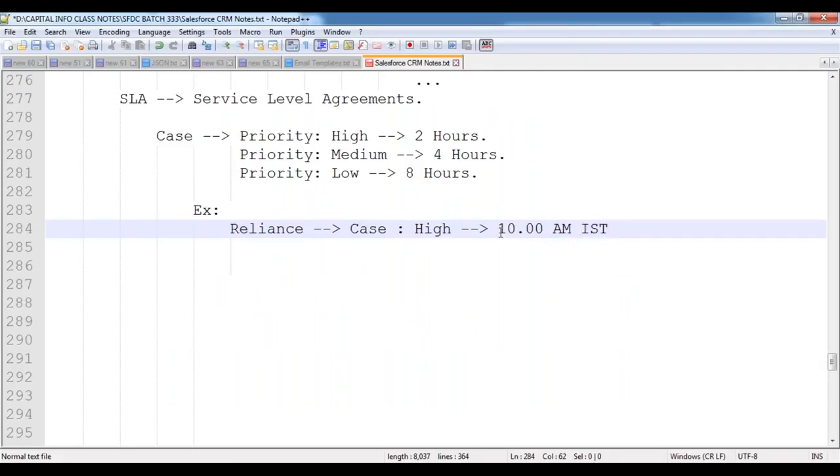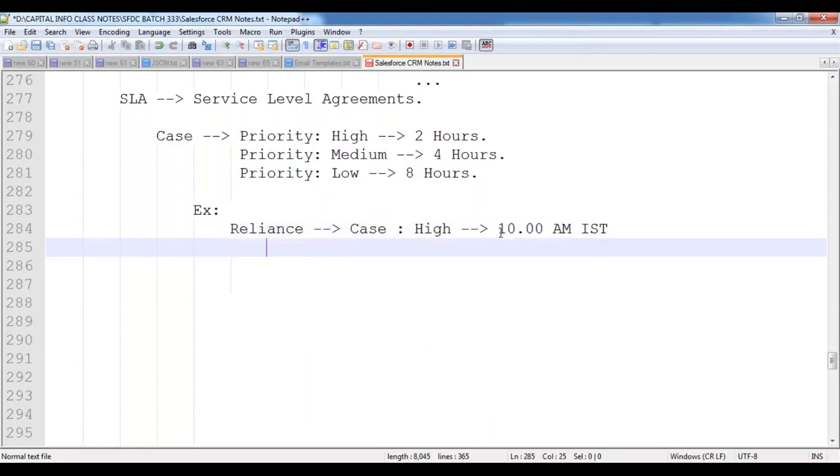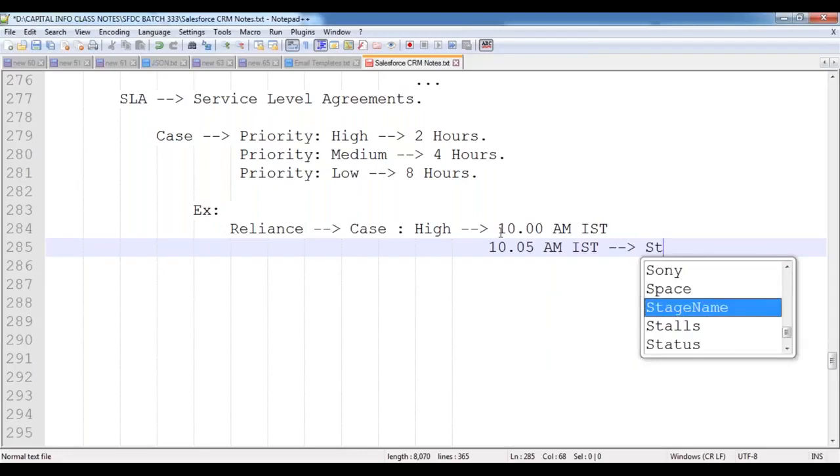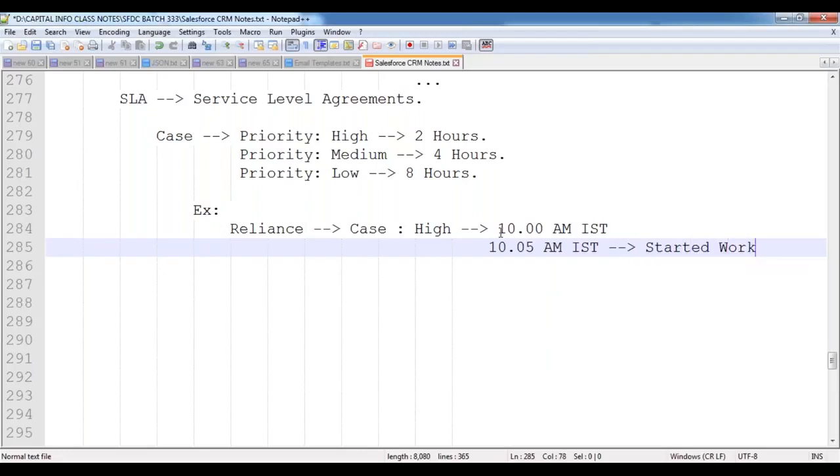Immediately at 10:05 a.m. IST, one of the service persons has started working on the problem.